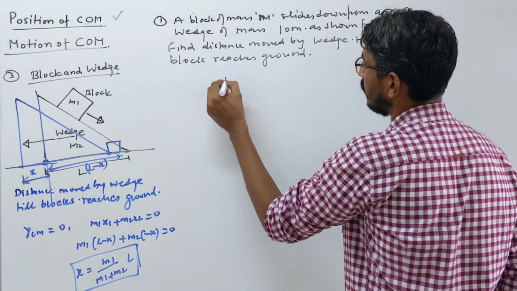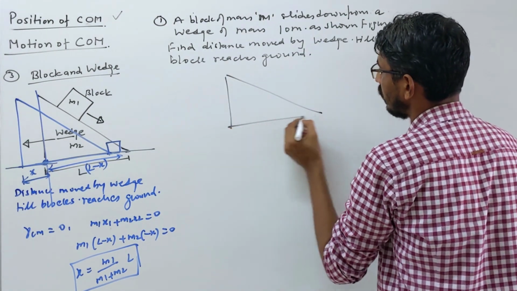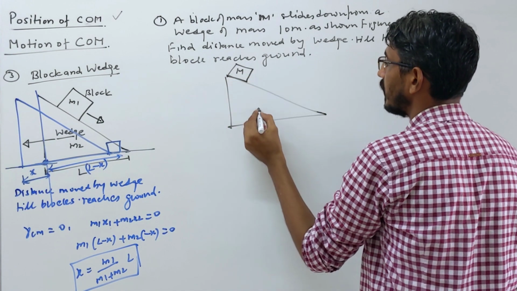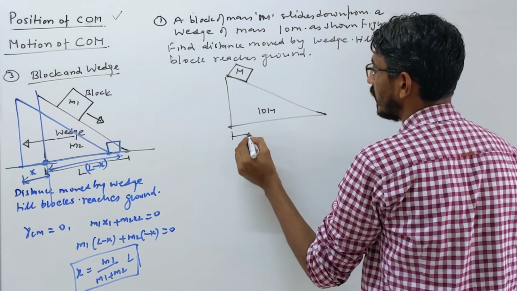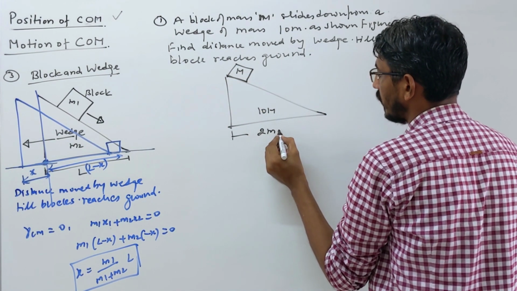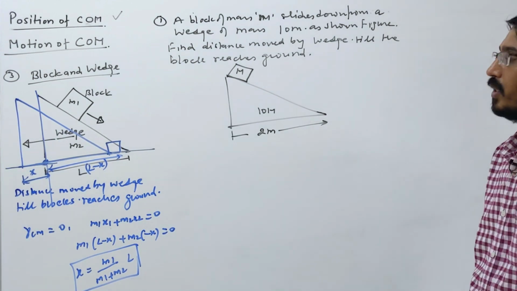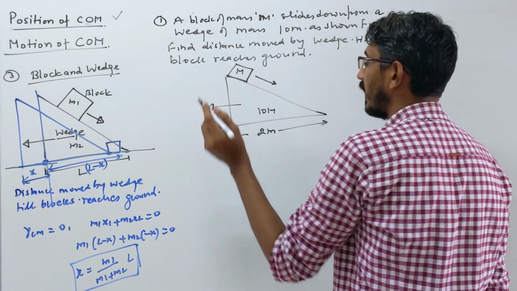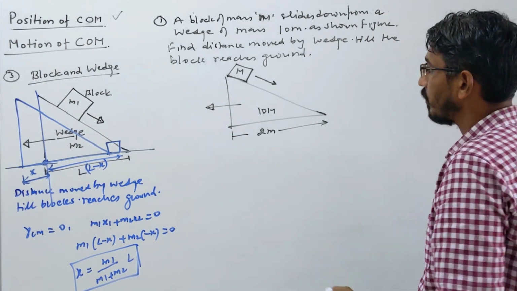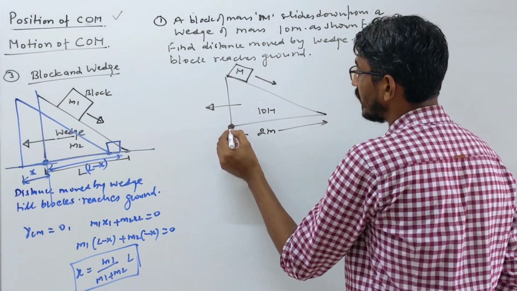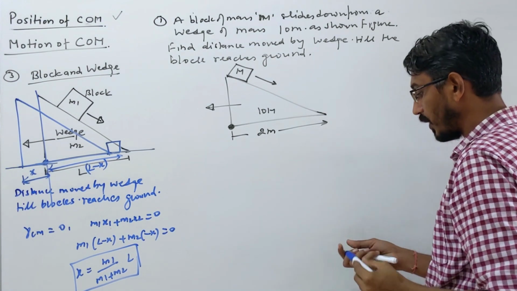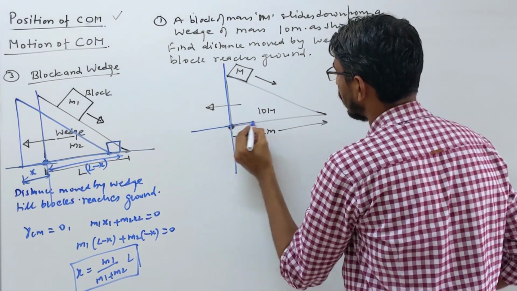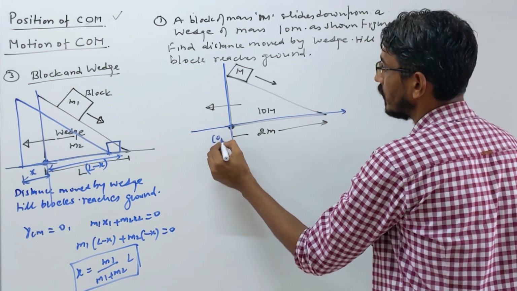And the picture, I can draw the same picture only. This is the wedge, and the block of mass m was placed at the top. The wedge is given as 10 m. That distance, let's say 2 meters, something, anything. The block slides along this incline, and the wedge will move in that direction. So the same procedure: at this point you choose your coordinate system, call it 0, 0.